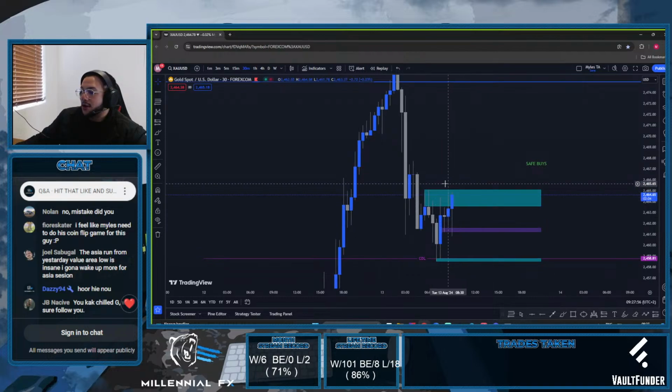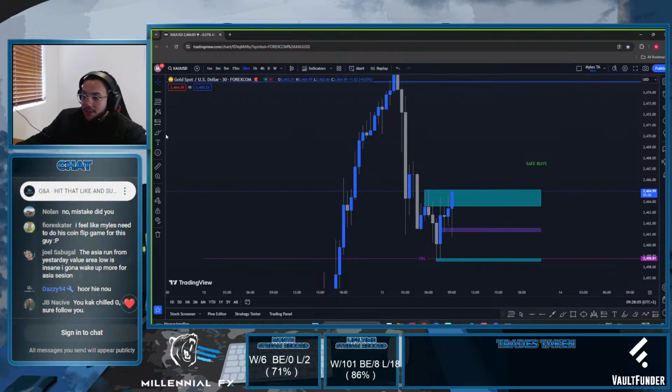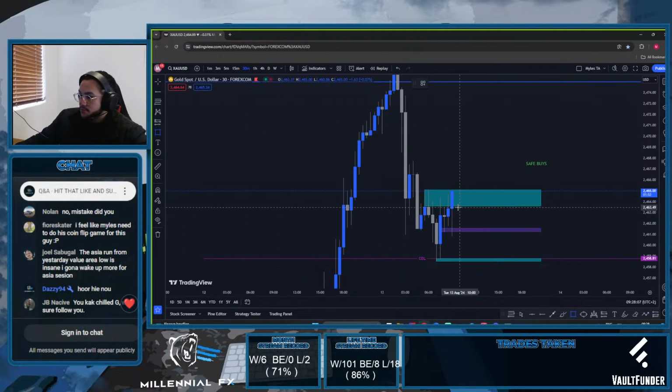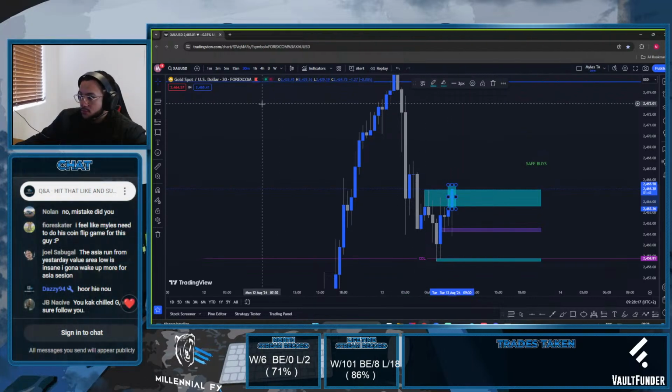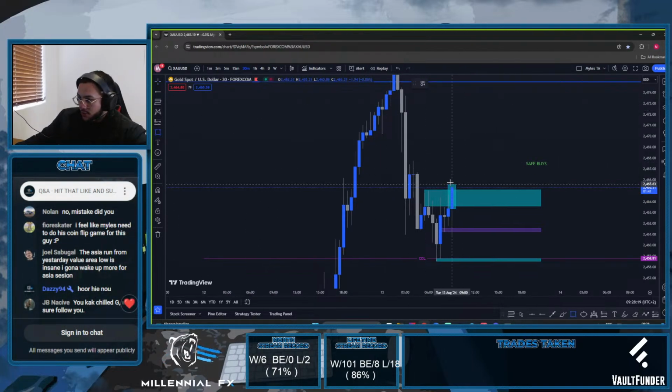So if this candle closes outside, price should rip. If we now get this 30-minute candle to close like this, right? With this wick like that, we can anticipate that price will pop in for short term and rip.